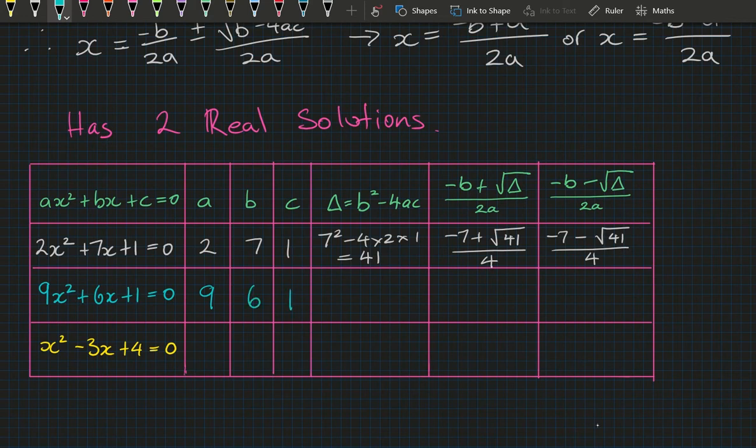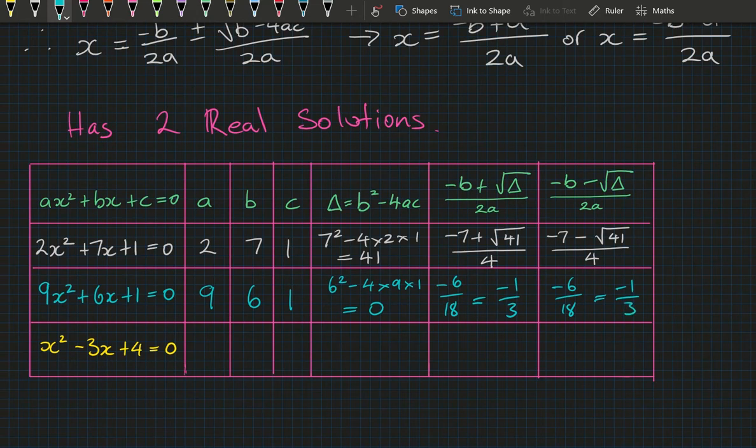Therefore our discriminant is 6 squared minus 4 times 9 times 1, and 36 minus 36 is 0. So remembering minus b is minus 6, and 2 times a is 18. Our first solution is minus 6 on 18, which is just minus 1/3. And because the discriminant is still 0, we're going to end up with the same for our quote-unquote second solution.